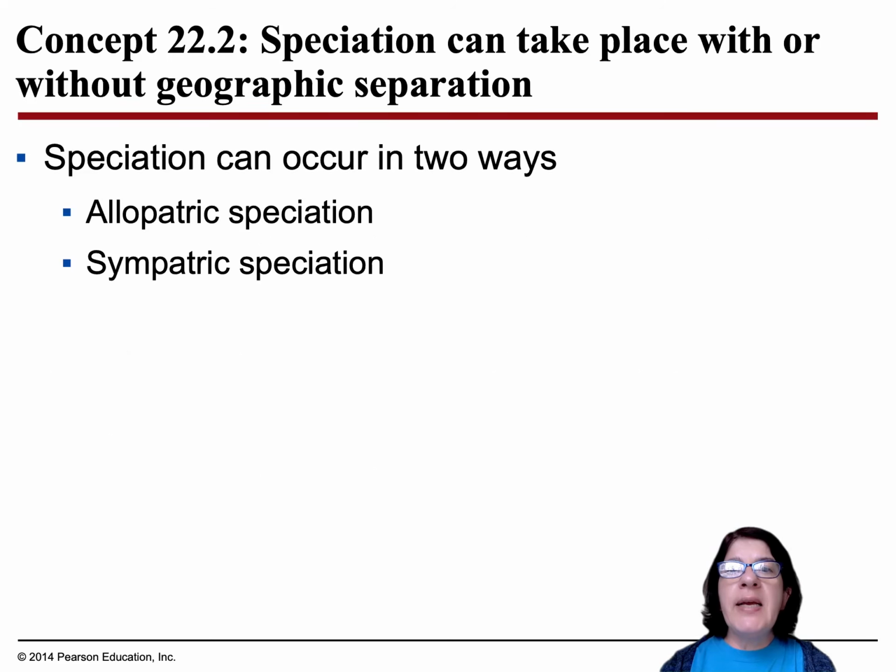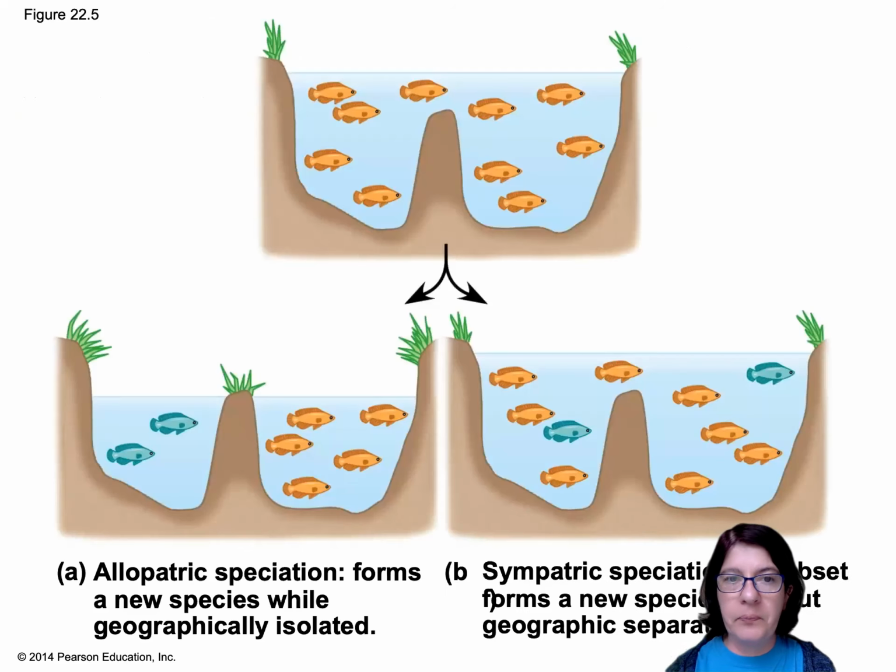Now, speciation, or the formation of new species, can take place with or without geographic separation. Speciation can occur in two different ways: allopatric speciation and sympatric speciation. You need to be familiar with both terms. Allopatric speciation forms when new species are geographically isolated, as shown in this simple model, when the population of fish is physically separated.